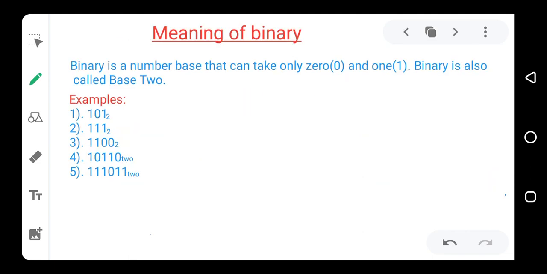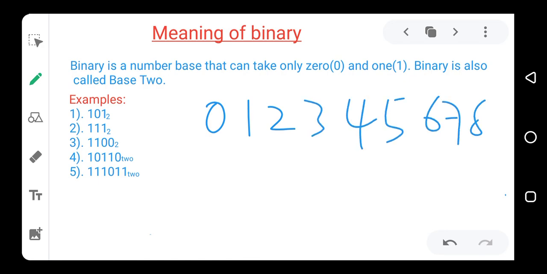For instance, in our base 10 we have 0, 1, 2, 3, 4, 5, 6, 7, 8, 9. If you count, this is 10 digits or 10 figures. These 10 figures are what we use in our normal counting. So the numbers you count every day are always in base 10.